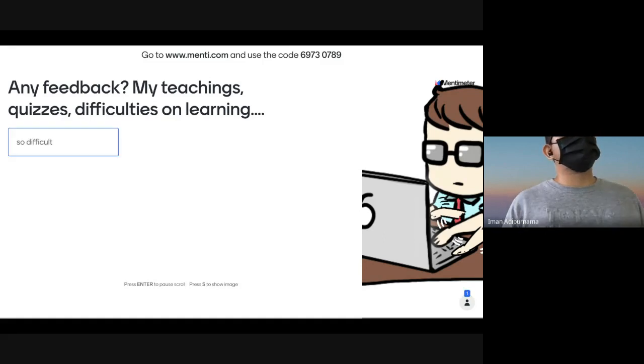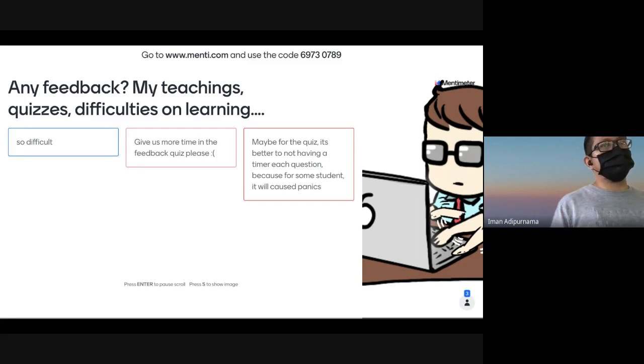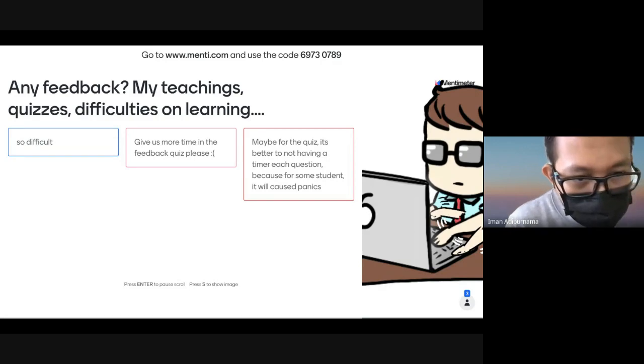I set the quiz to have a timer on each question just to make sure that you are focused on the quiz. Because if I give you 40 minutes to solve 30 questions, I cannot confirm that you are really focused, because maybe you can discuss with others, right? So I need a more robust setup.